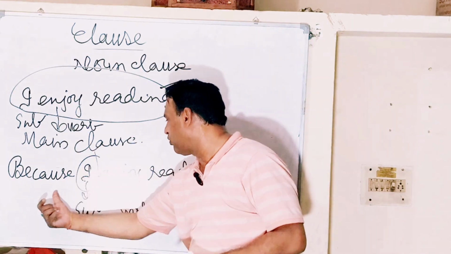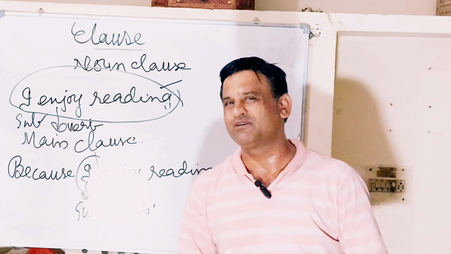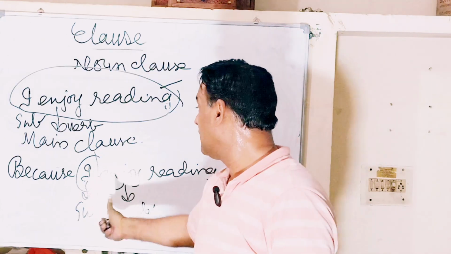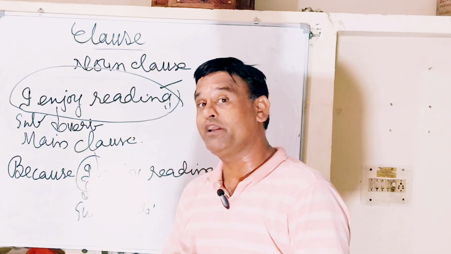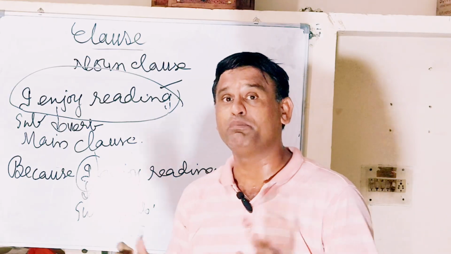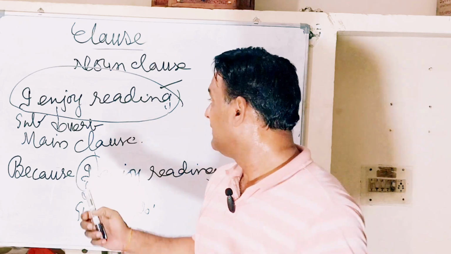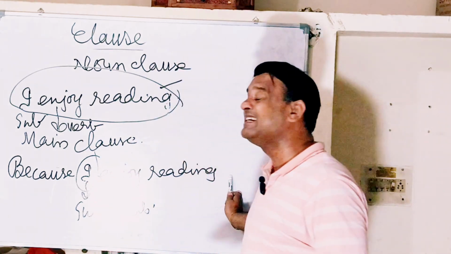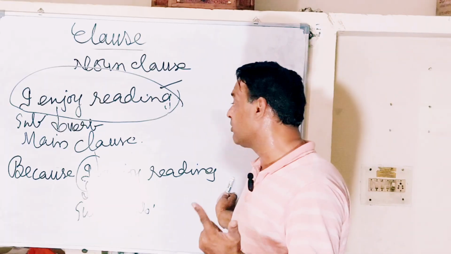While this one, because I enjoy reading, now you can take out the meaning. Because I enjoy reading. It is not a complete thought. I enjoy reading is a complete thought. Because I enjoy reading is not a complete thought.